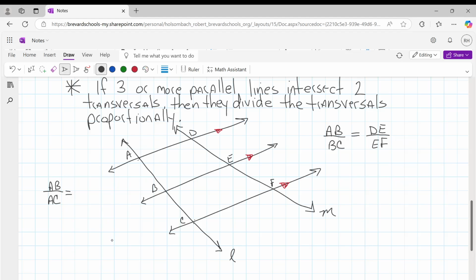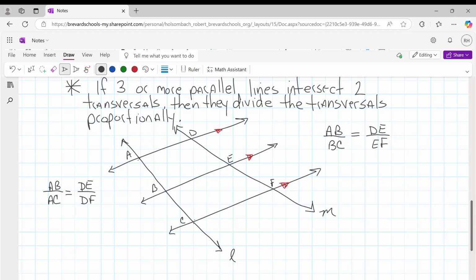What's AB over AC going to be equal to? DE over DF. Very good. So that's the combination piece over the top piece equals the combination piece over the top piece. Does that make sense? All of those proportions will be true. Okay? Any questions on that concept?